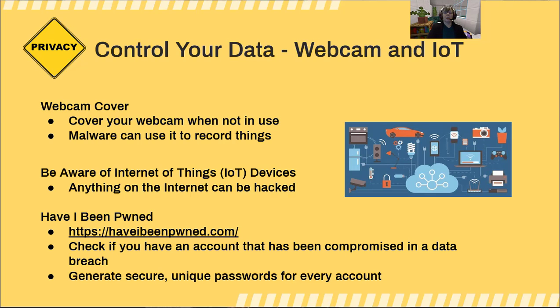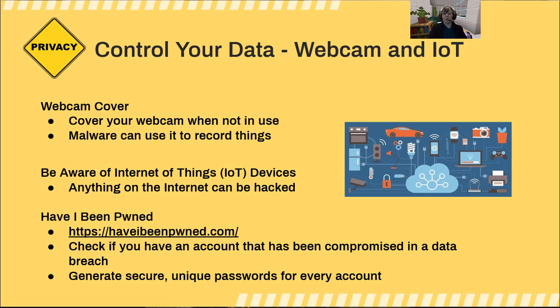If it's on the internet, then it's on the internet. Cover your webcam when it's not in use. There is malware that can trigger your camera or microphone without an indicator light, without you knowing it's recording. Be careful with Internet of Things devices. Devices are usually too small and simple to have much processing and memory for security.